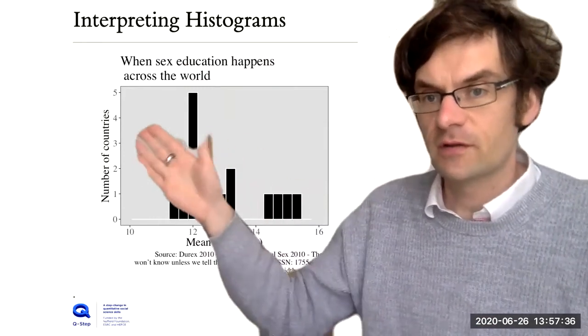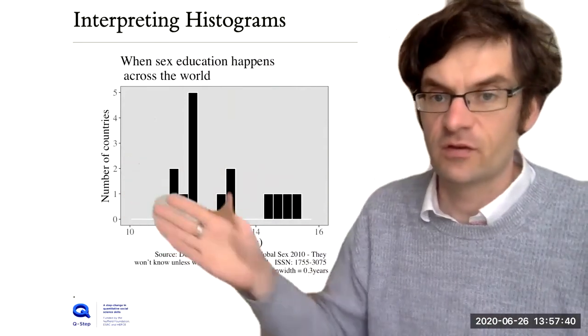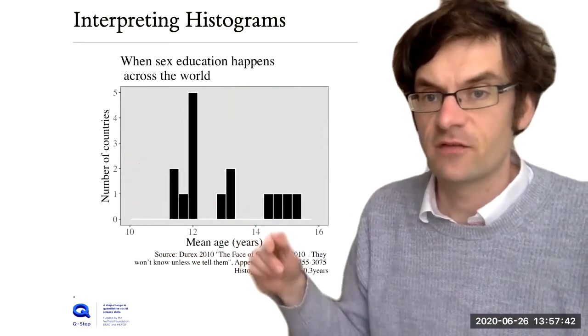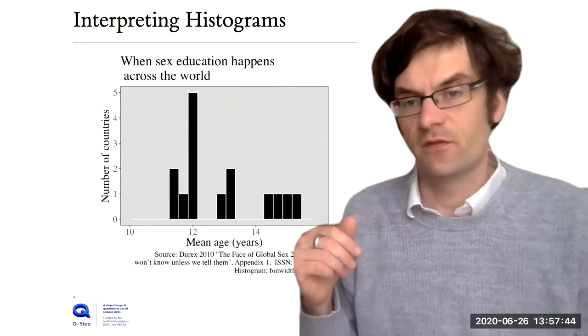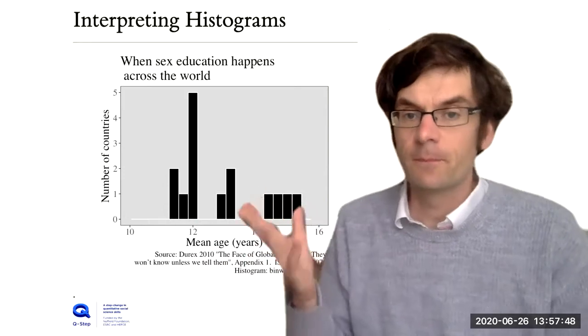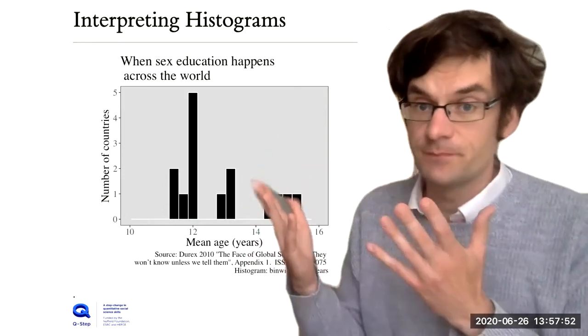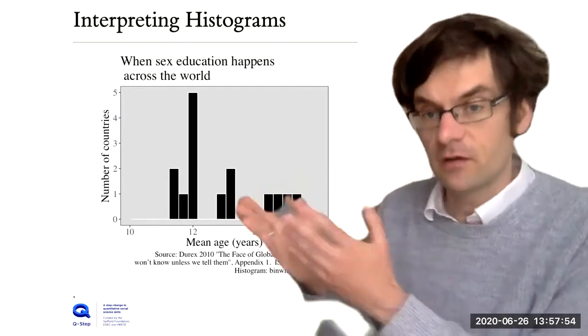So now that we've looked at what's displayed, the number of countries that have a specific mean age, we can actually go and interpret this. And there are key aspects to look at. The histogram is really good in conveying the distribution of the values here, the mean age.